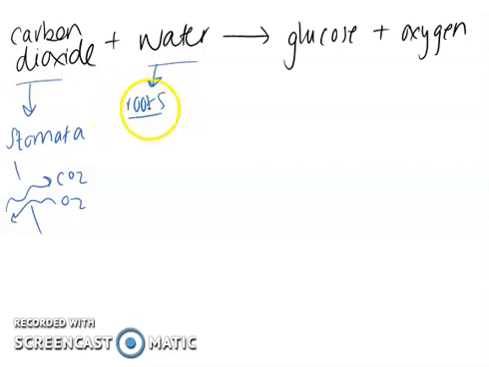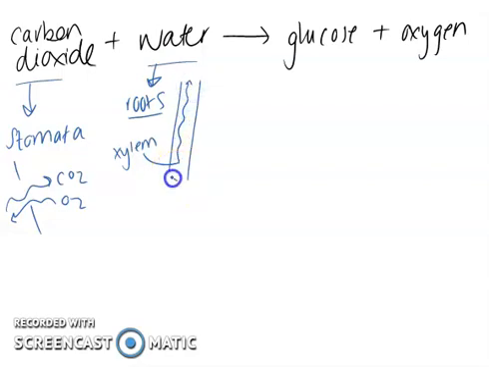So the roots actually are connected to the stem of a plant, and inside the stem we have a part of the stem called the xylem, which actually allows water to be taken up from the roots at the bottom to the leaves at the top, where the process of photosynthesis happens.